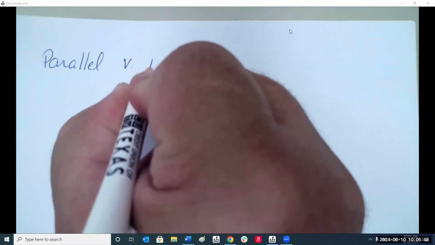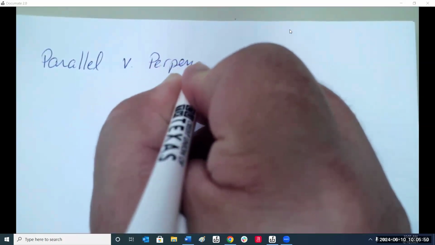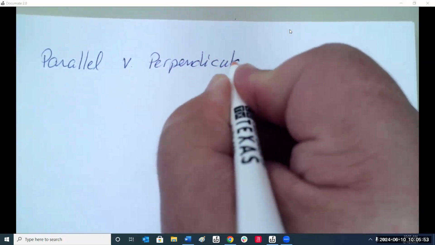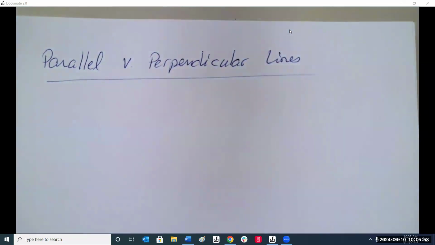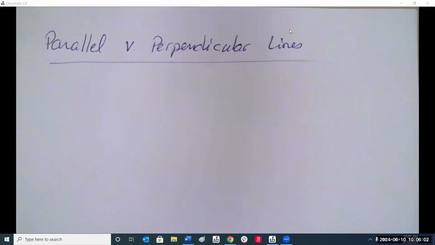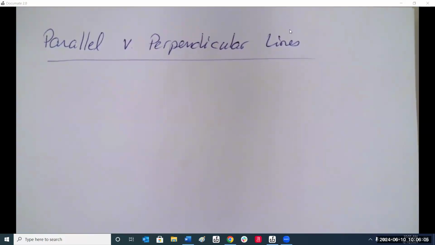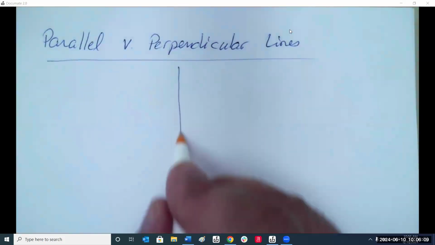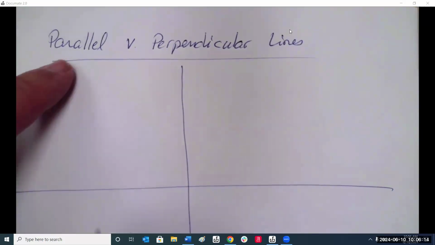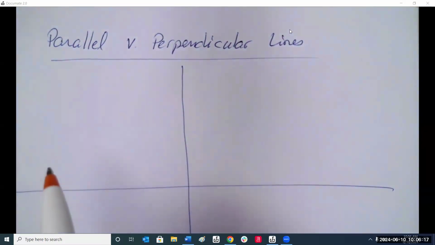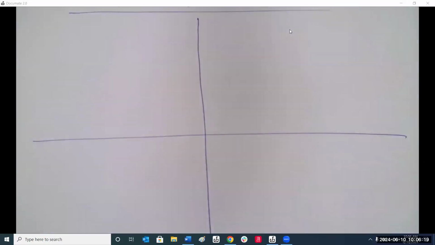Parallel versus perpendicular. To talk about this, I'm going to first discuss that in order to have parallel and perpendicular lines, we need to have two lines. So if you have two lines, four things can happen.